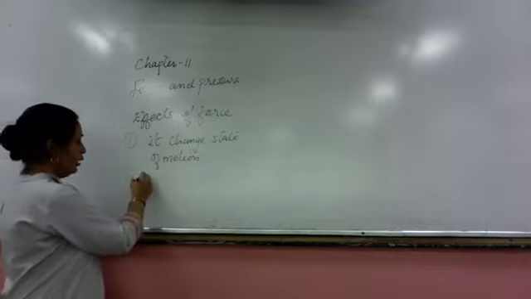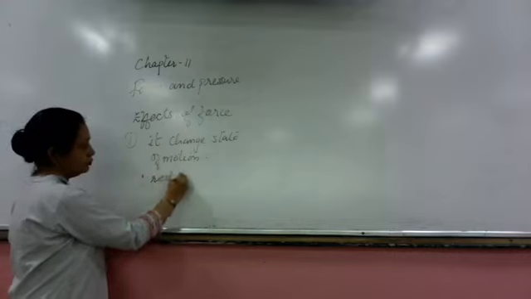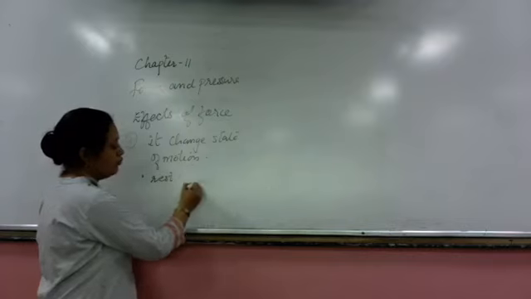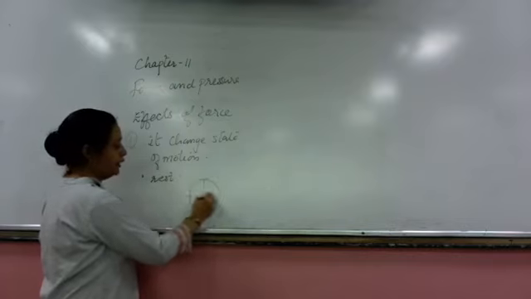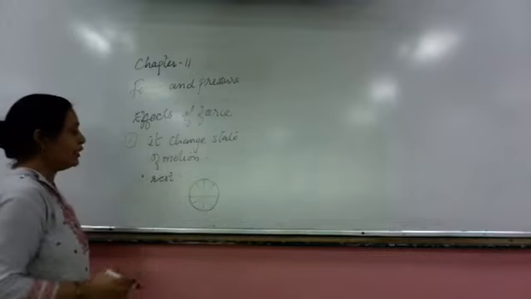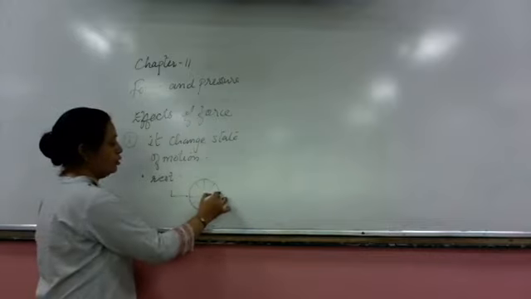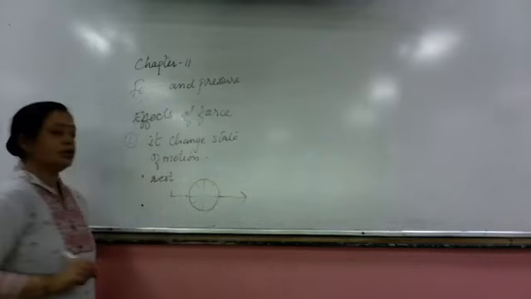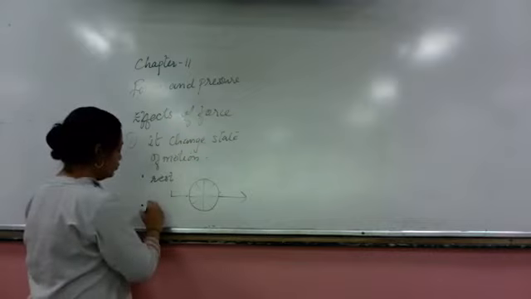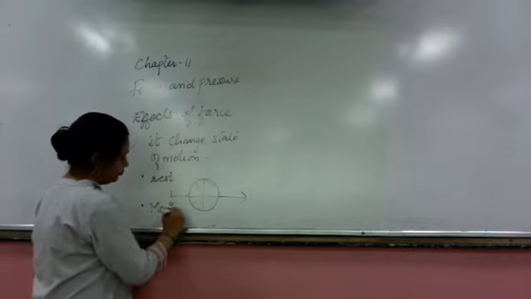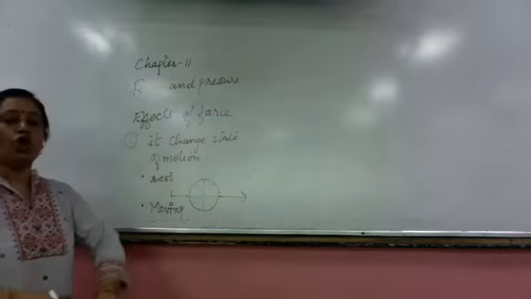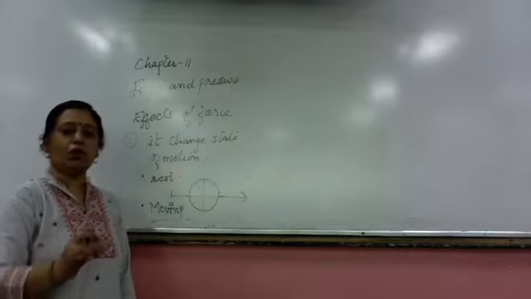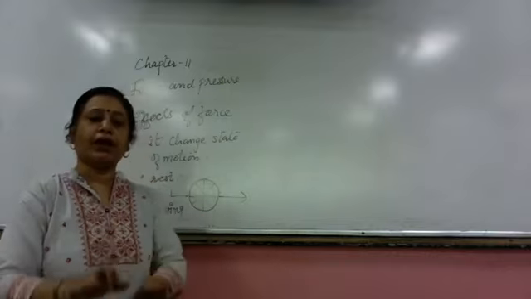If anything is at rest, for example, a football placed on the ground, when the player kicks the football, it starts moving. Second, if anything is moving, it can be stopped by applying force. The motion of the body can be stopped by applying force.